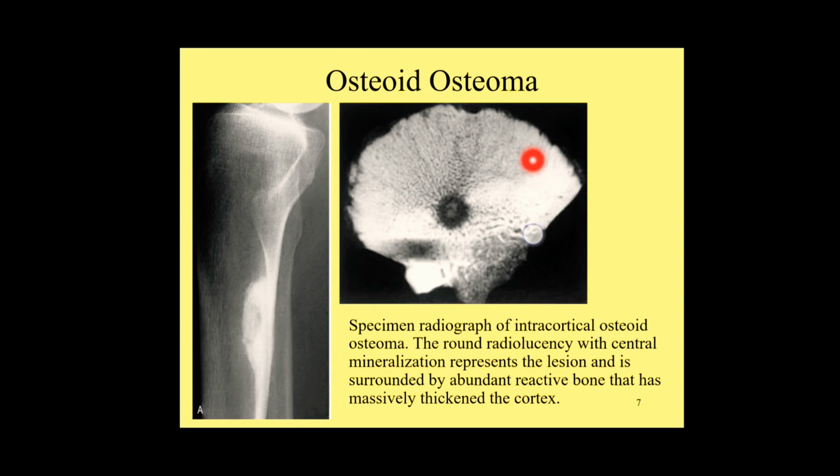The round radiolucency with central mineralization represents the lesion and is surrounded by abundant reactive bone that has a massively thickened cortex. This central radiolucent area is called the nidus. Again, this nidus will have central mineralization present.